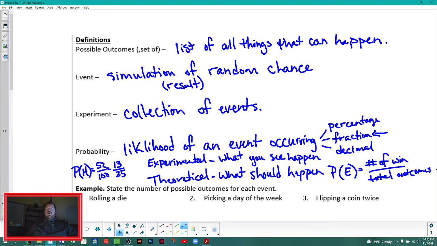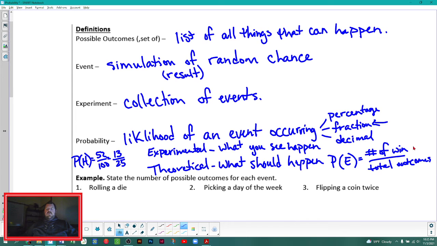Okay? So, a lot of times, those little minor things in theoretical probability, we are going to have to kind of skip those in a way, or save just a little tiny piece of the probability pie for those weird things to happen. Okay?